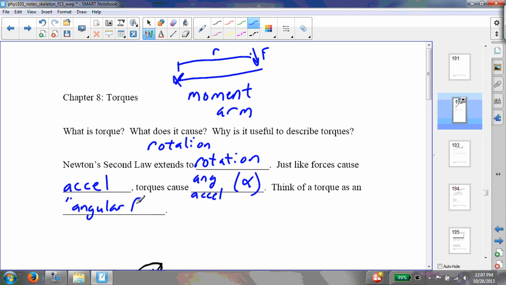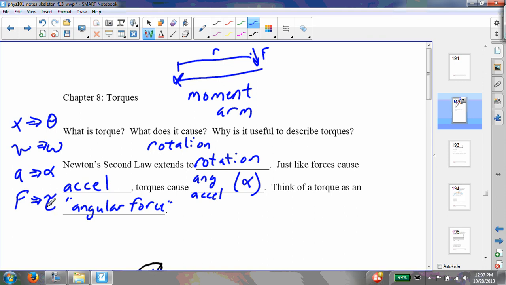If we're thinking about this analog between rotational motion and linear motion, remember we had these linear quantities, x, v, a, and now we also have F as linear quantities. Well, x becomes theta, v becomes omega, a becomes alpha, and now F, these aren't equal, it's like an analog between them.